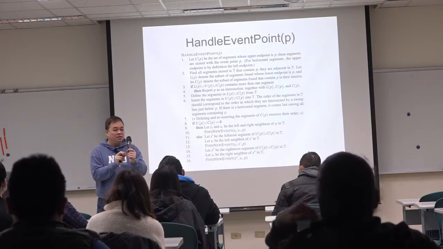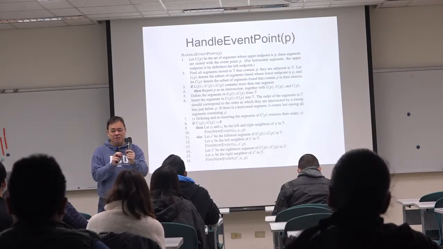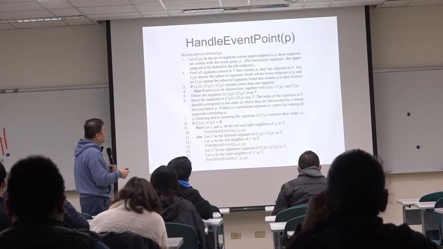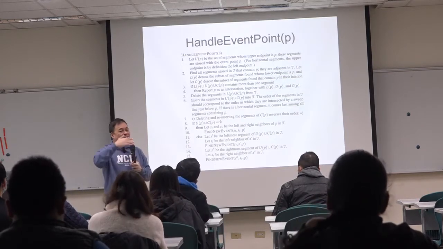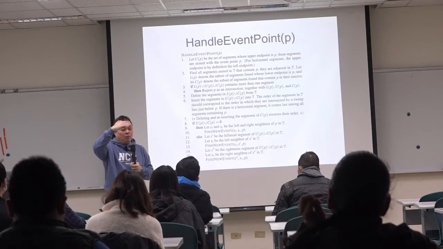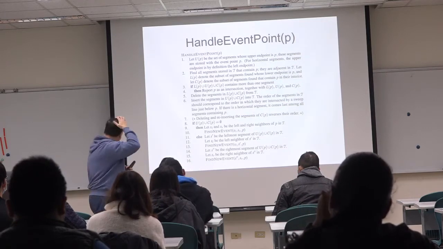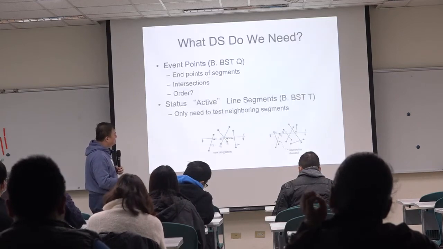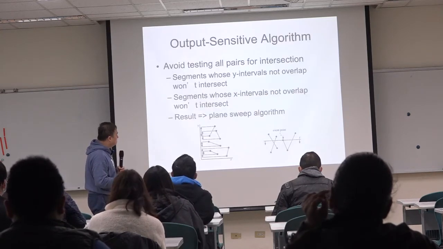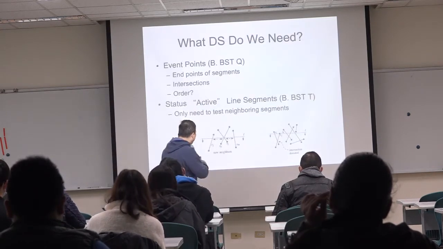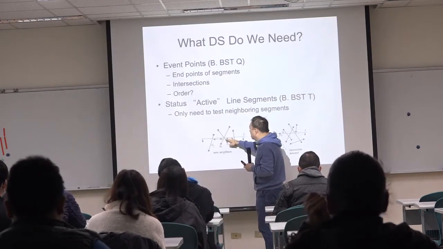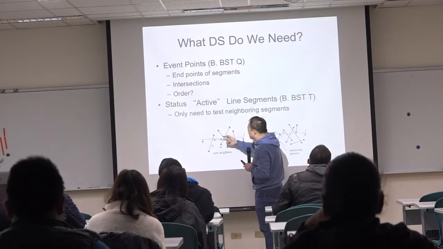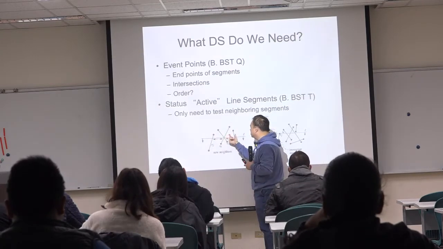When you go past an intersection, for example here, originally when you are here, these two are neighbors, these two are neighbors, and these two are neighbors.